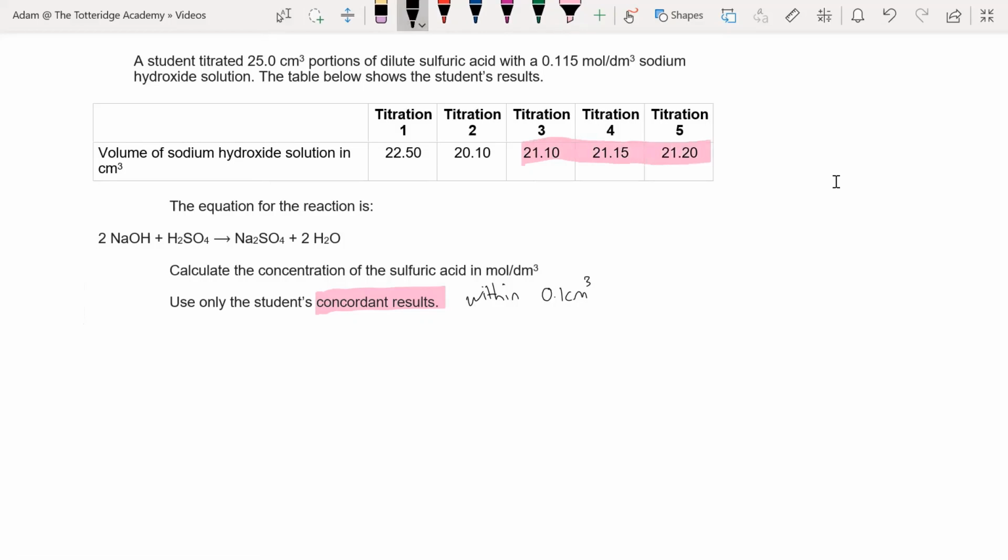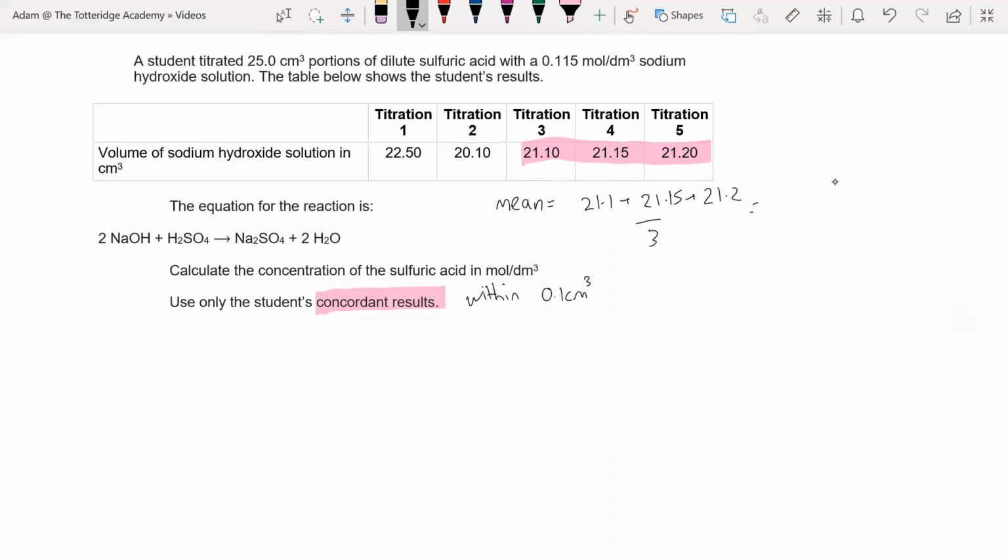The first thing you do is work out the mean. So we'd go 21.1 plus 21.15 plus 21.2 divided by 3. Plug that into your calculator. Sorry, I wrote 21.5, it should be 21.15.